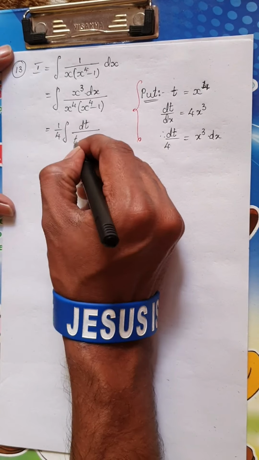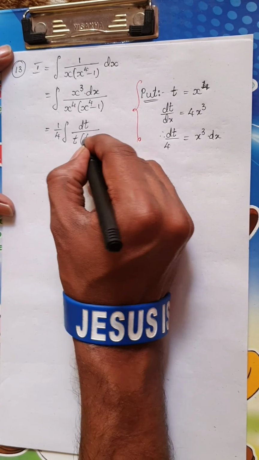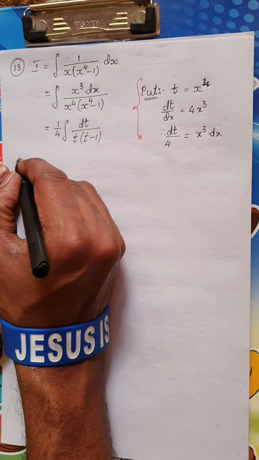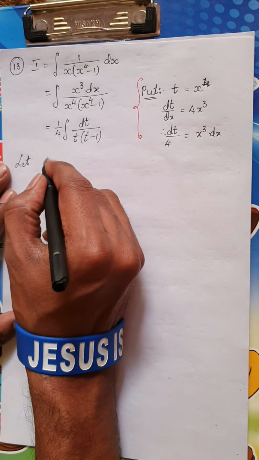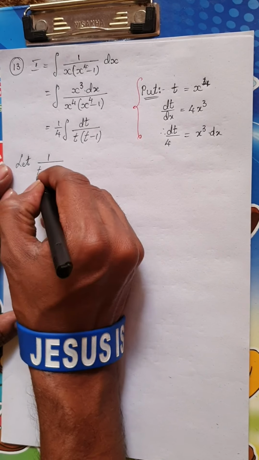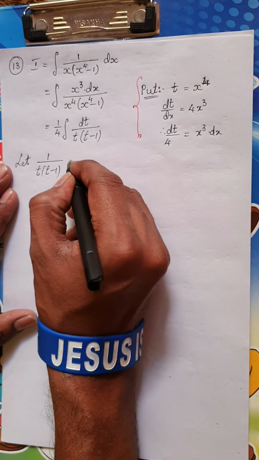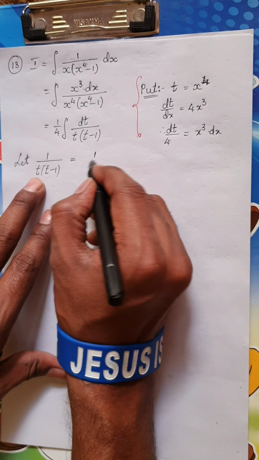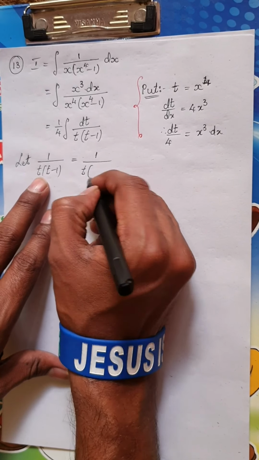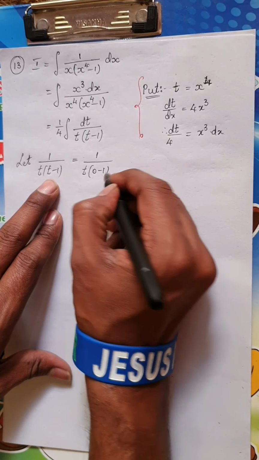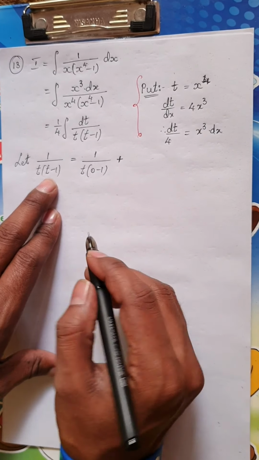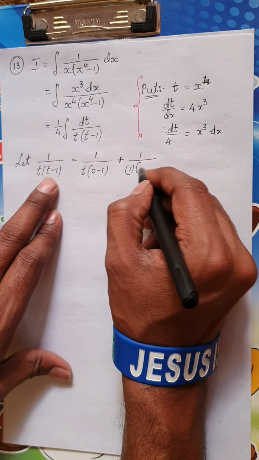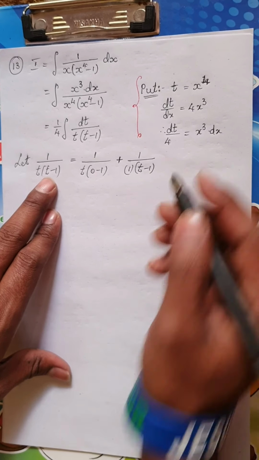Divided by, this would be x power 4 is t, and x power 4 minus 1 is t minus 1. Therefore, let 1 divided by t into t minus 1, as we generally do. For the first factor, I will put t as 0 first time, so it is 1 divided by, this time I am going to put t as 0 minus 1. Plus for the second factor, I will put t as 1, it is 1 divided by 1 into t minus 1.